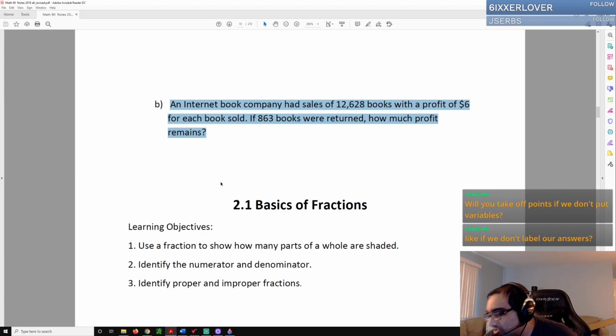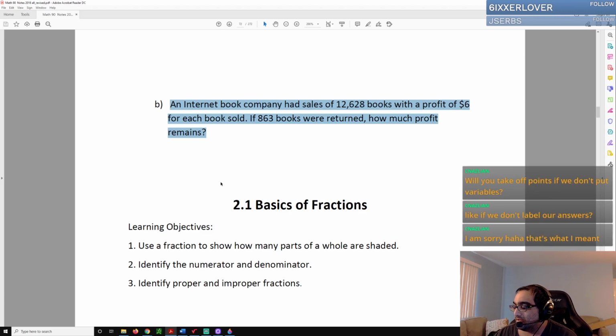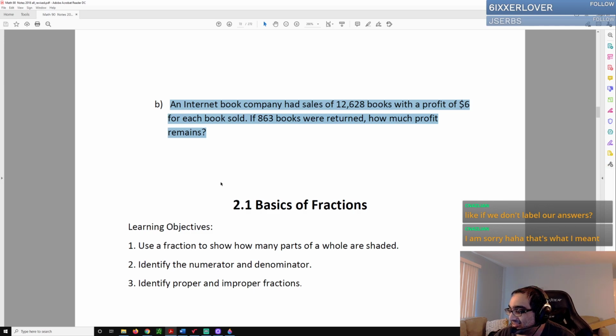I may just take 1 point off. It's all right, no problem. Context is important when labeling.